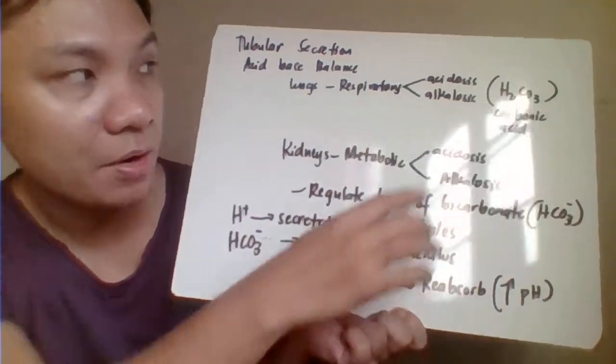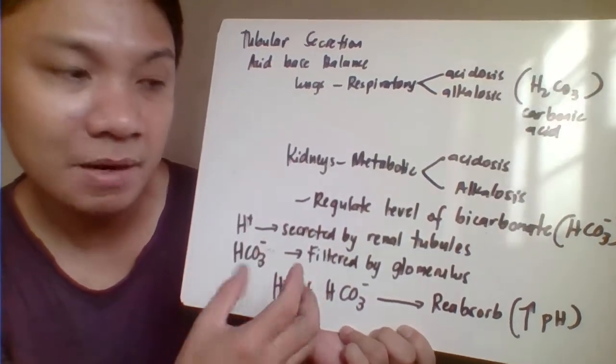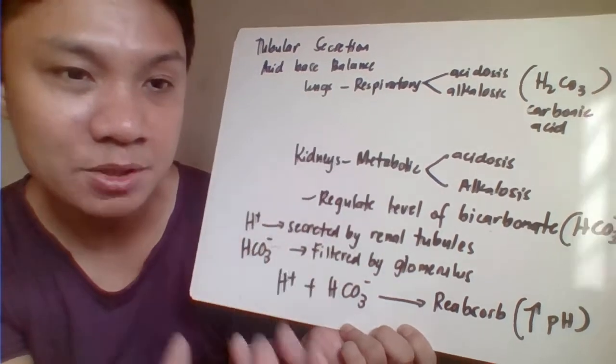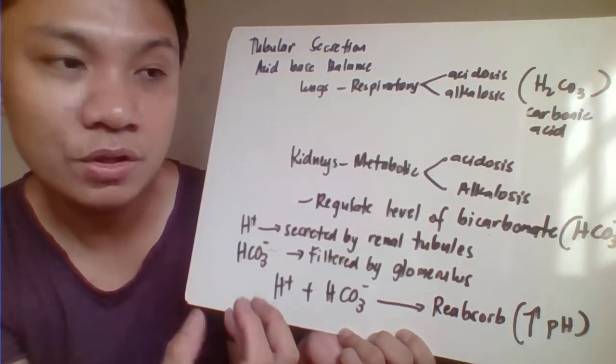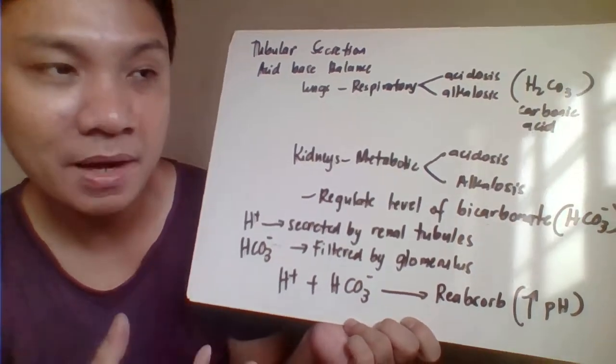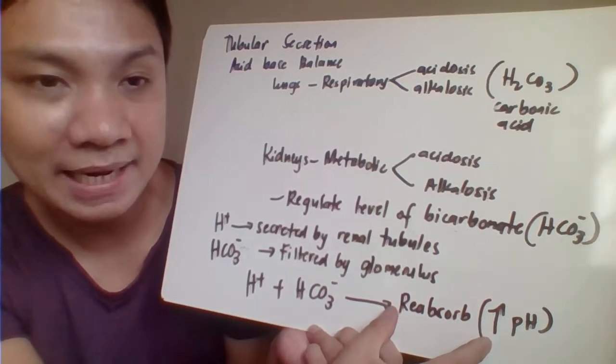Pag nagkita silang dalawa, magko-combine sila to form carbonic acid, then i-reabsorb siya, and then it dissociates again into your hydrogen and your bicarbonate. So, pag nag-reabsorb siya ng bicarbonate, magiging base siya or alkaline.